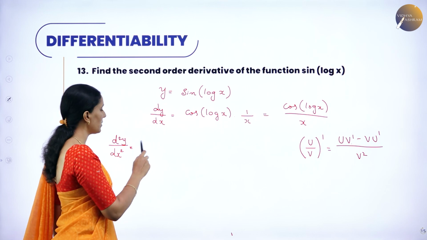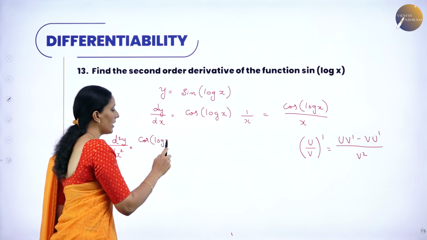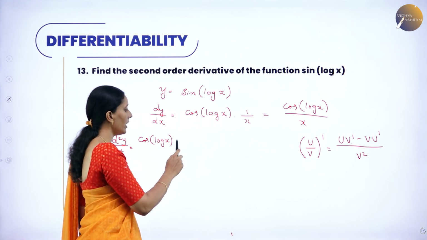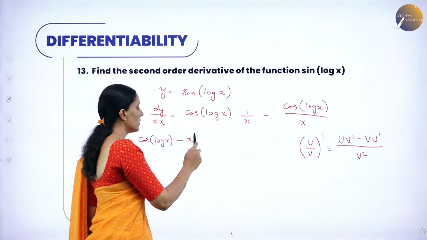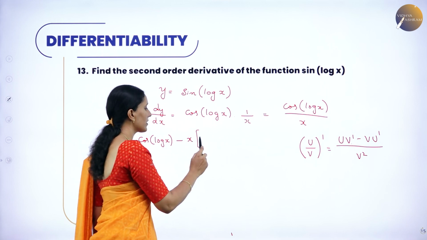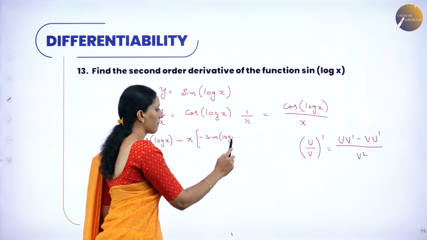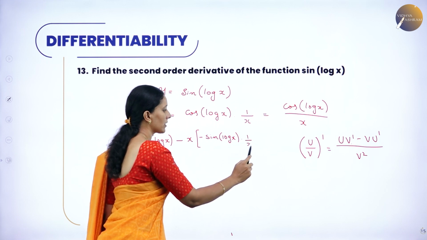So u v dash means cos of log x as it is. And derivative of v, that is x, is 1, so no need to write it. Next is v, which is x. Again differentiate cos of log x. So when you differentiate cos of log x, it becomes minus sine of log x into, what is derivative of log x? 1 by x.